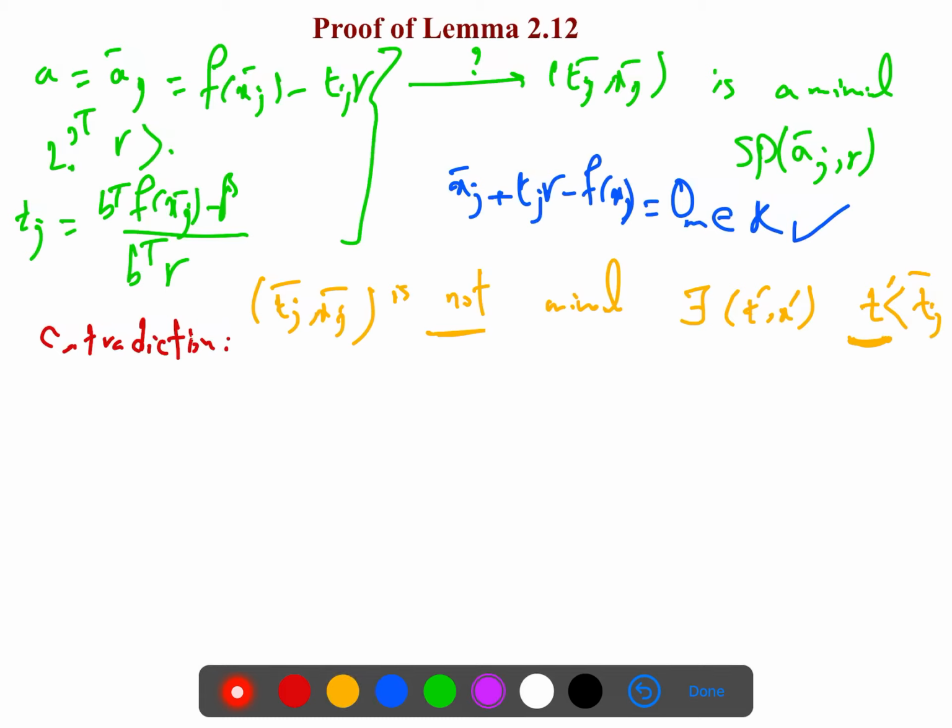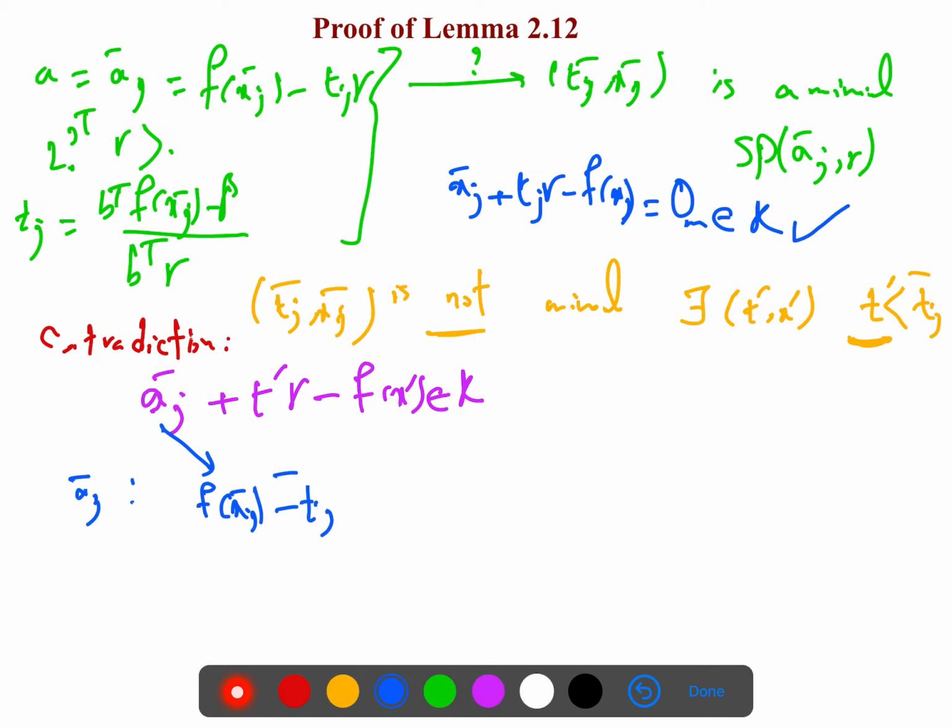Because of feasibility, I can write aj bar plus t prime r minus f of x prime is inside k, and from the definition of aj bar, f of xj bar minus tj bar r plus t prime r minus f of x prime is inside k, and just multiply both sides by Lj transpose.